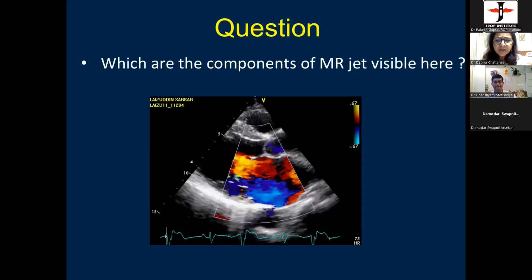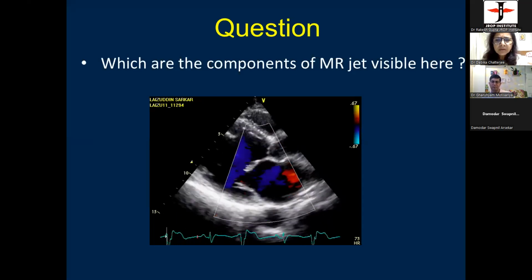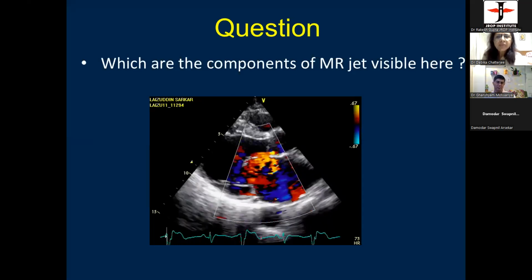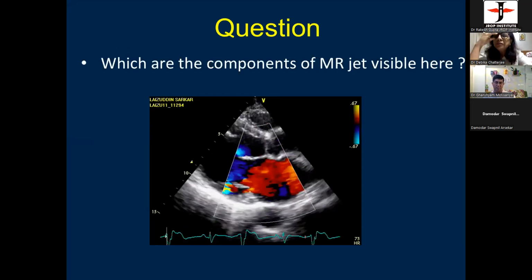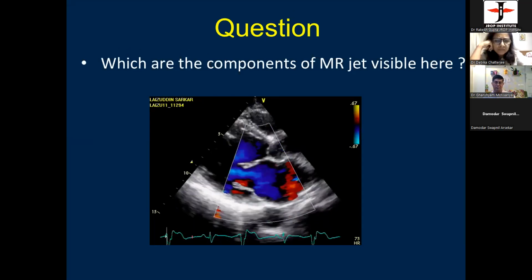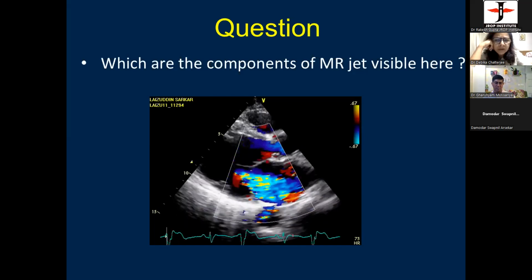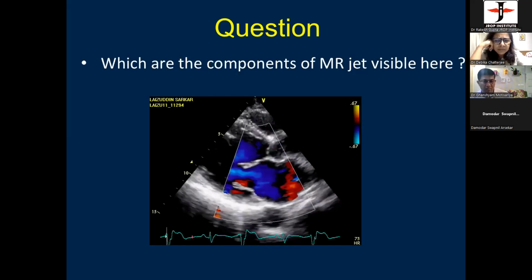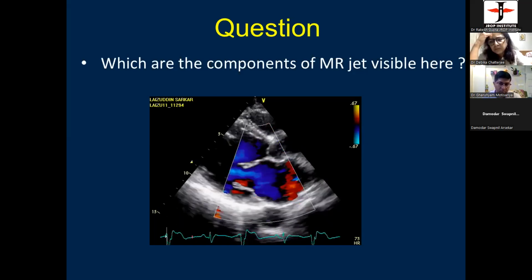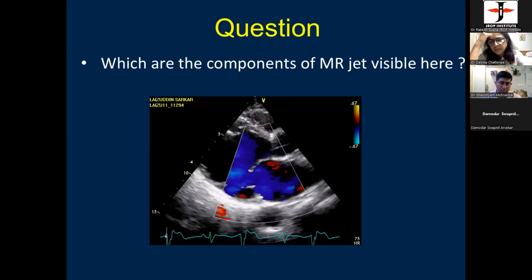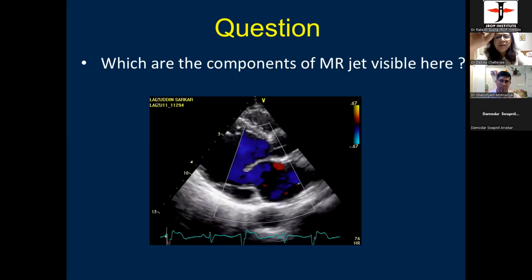Three. Who is answering? Dr. Umesh. Okay, what are the components? First part is flow convergence, madam, just after the leaflet. Second is the narrowest part. Where is the flow convergence?